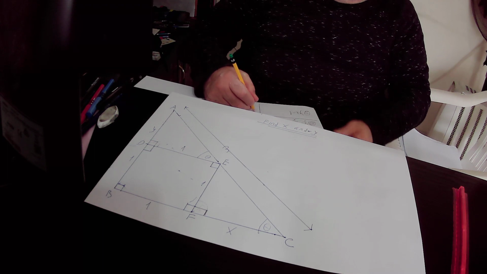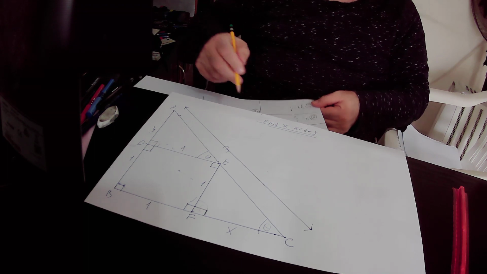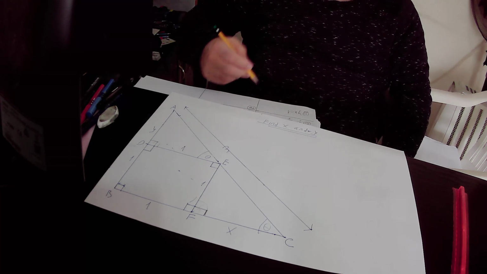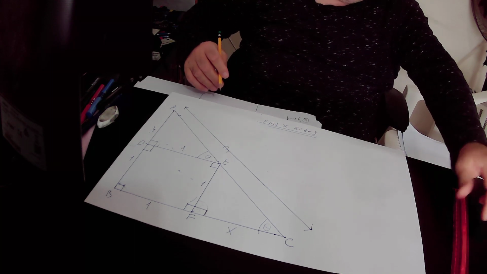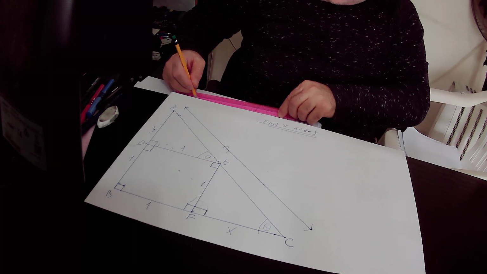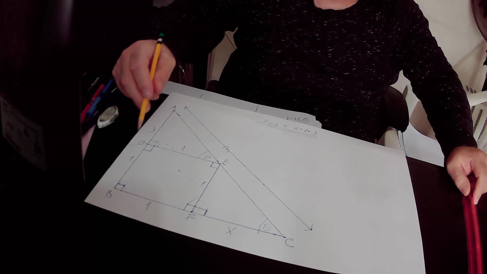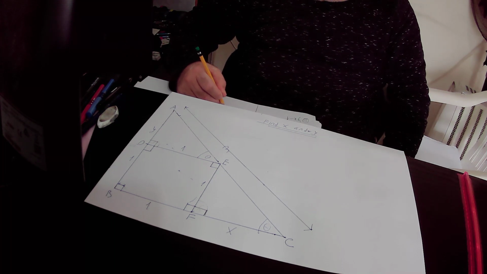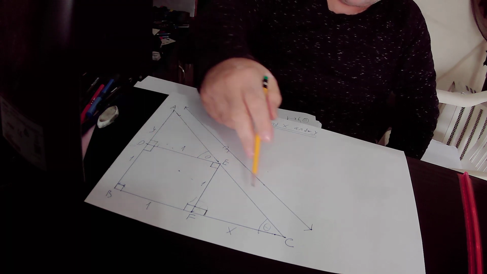Here we know that it is given in the question that AC equals 3 units, therefore AC squared equals 3 squared. 3 squared is 9, and 9 equals AB squared. AB equals y plus 1, so AB squared is (y plus 1) squared, plus BC squared.